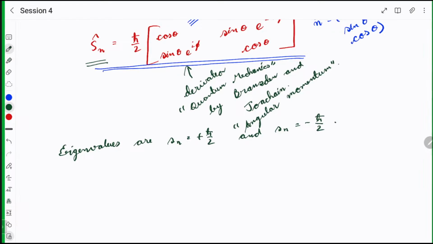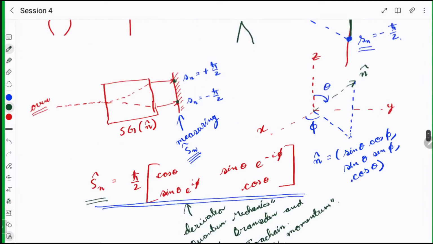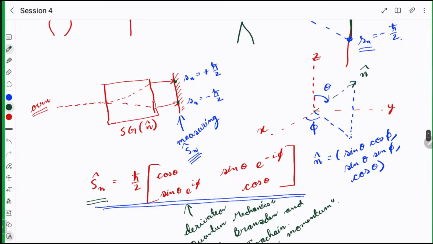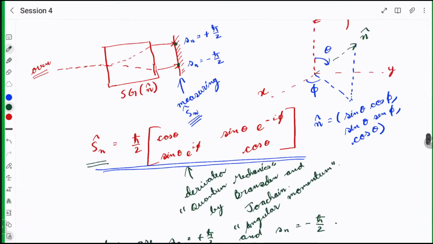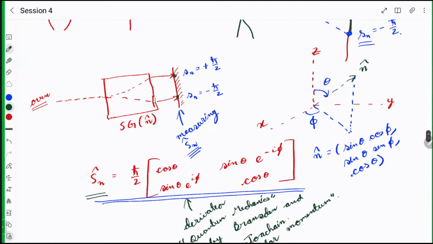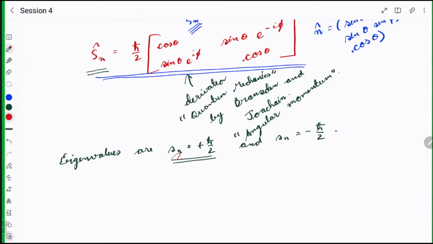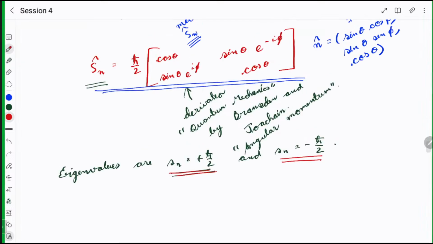Previously, the theory of classical mechanics did not tell us that only two values are possible. But here quantum mechanics explicitly tells us that only these two values of Sn are possible. So that's one thing that it explains.